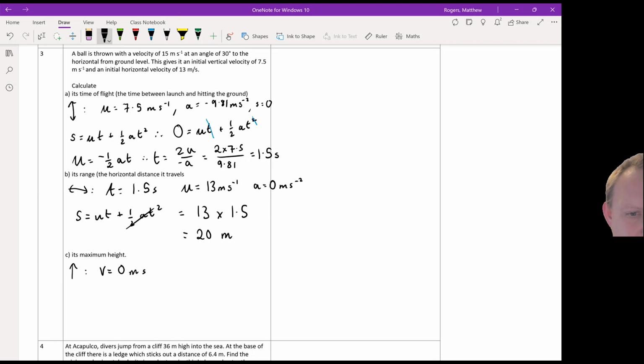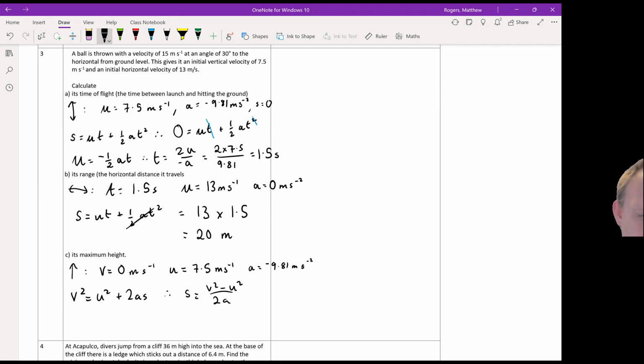So we're going to say we want a final velocity equal to 0, an initial velocity equal to 7.5 meters per second, and an acceleration equal to minus 9.81 meters per second squared. We want to find the displacement, so we're going to use v squared is equal to u squared plus 2as. Rearranging, we get s is equal to v squared minus u squared over 2a.